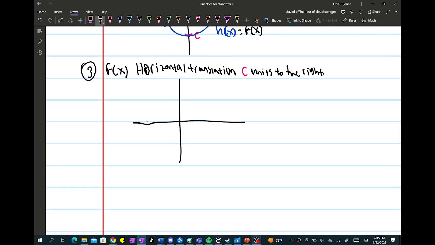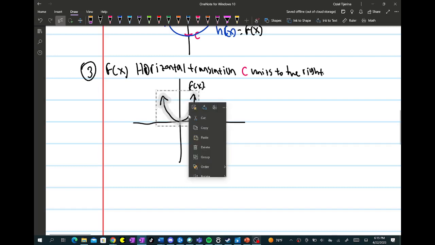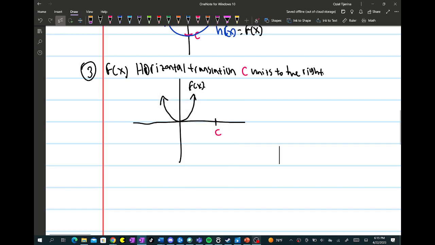So now, this idea means that I'm going to go to the right however many units, whatever c is. So let's say, for example, I have this kind of curve here of f of x. This is my original curve. And then my other one, which is h of x, will end up being this following way.